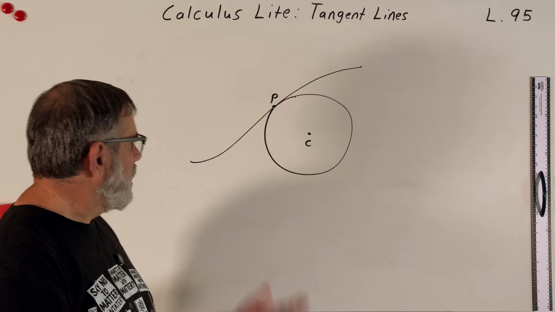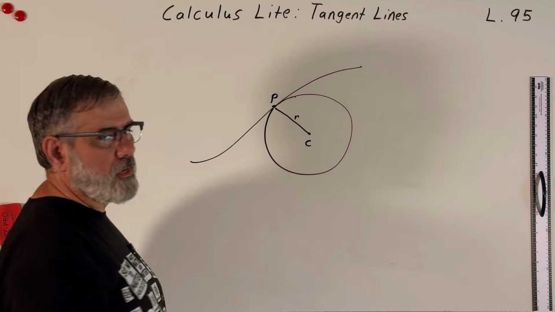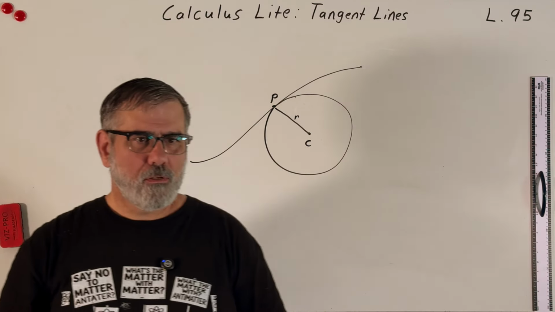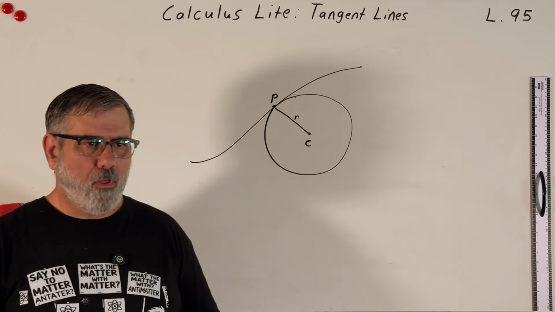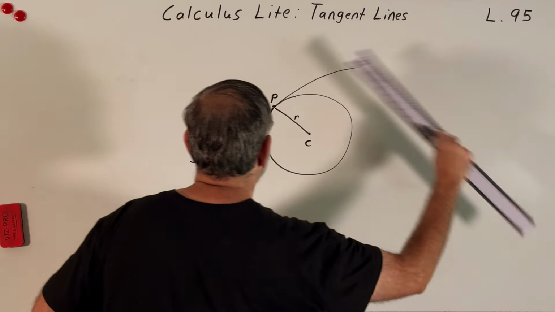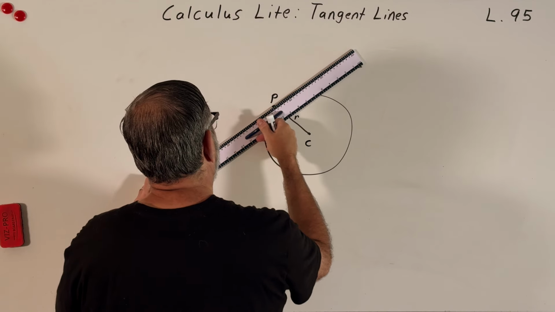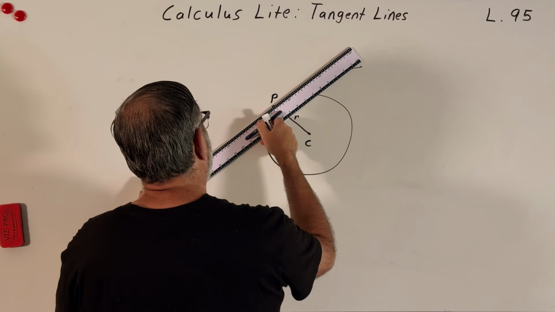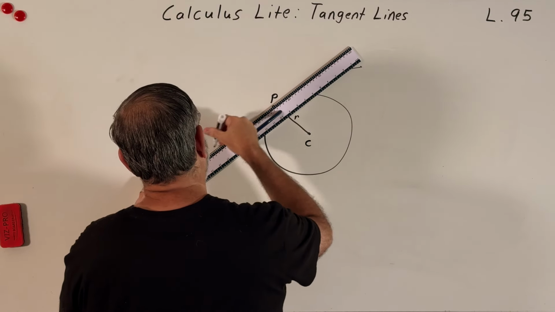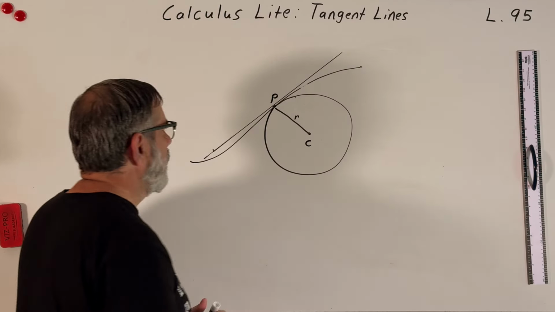If you can do that, well, now you can construct a radial line, and then from that you can construct its perpendicular, and really all you need is the slope, because all you want to know is what's the slope of the line at this point that is tangential to this. So I'm looking for the slope of that tangent line, okay?